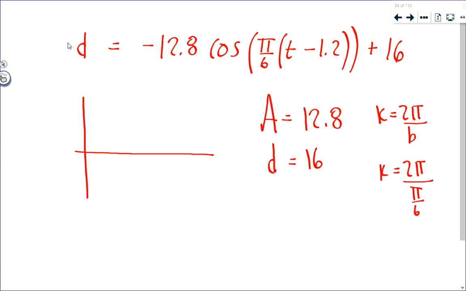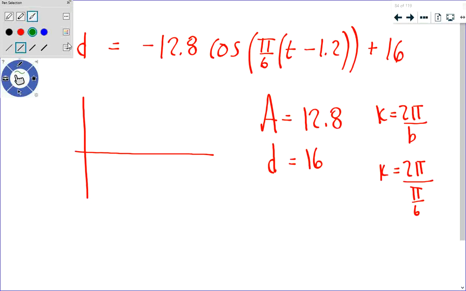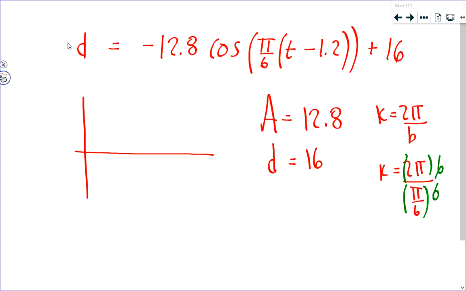And yeah, you can multiply by a reciprocal instead of dividing by a fraction, but I like instead the thing that will always work, which is to multiply by whatever you need to get rid of fractions. In this case, the 6's cancel, the pi's cancel, and you get a period of 12.